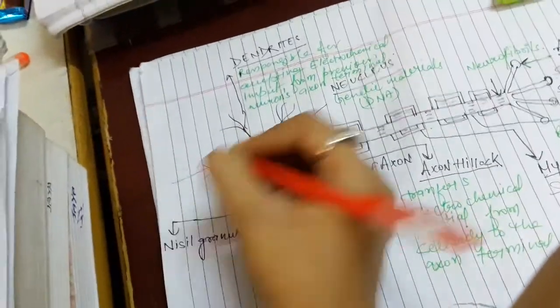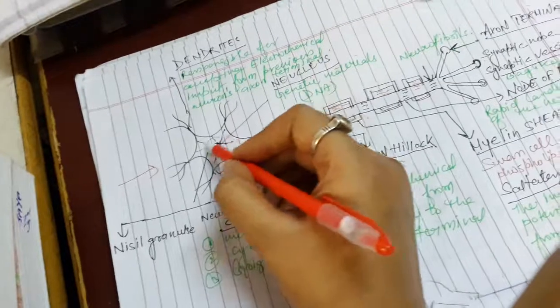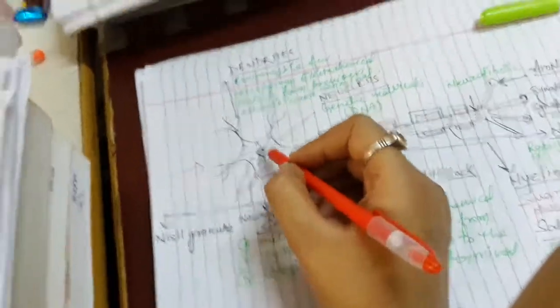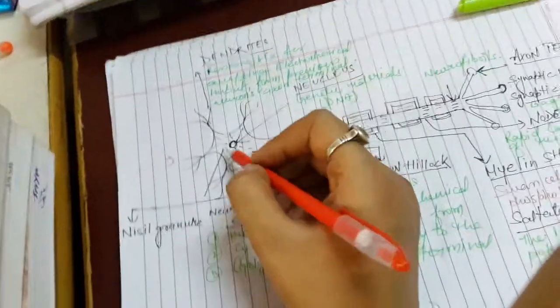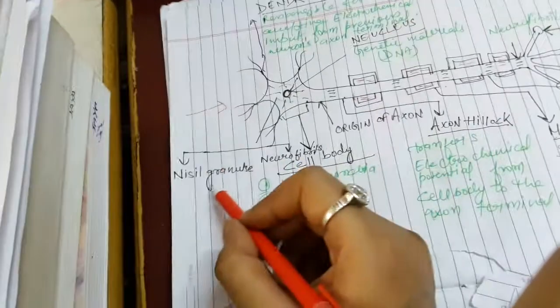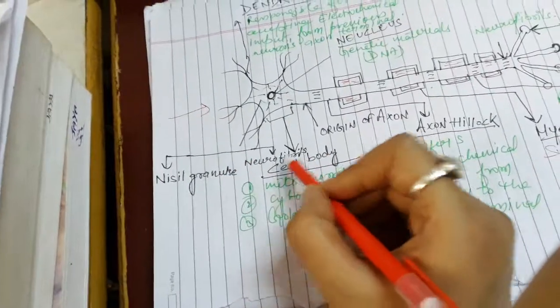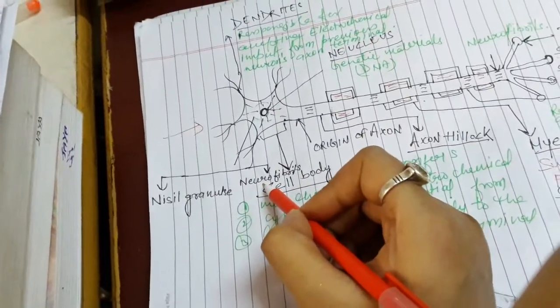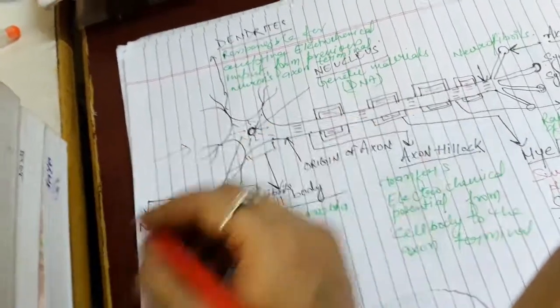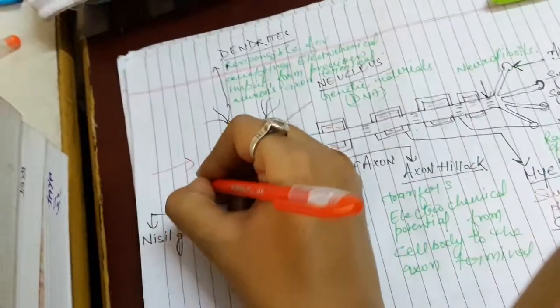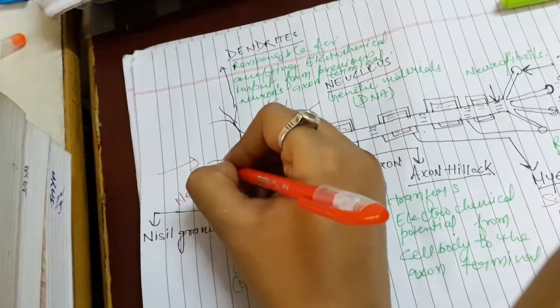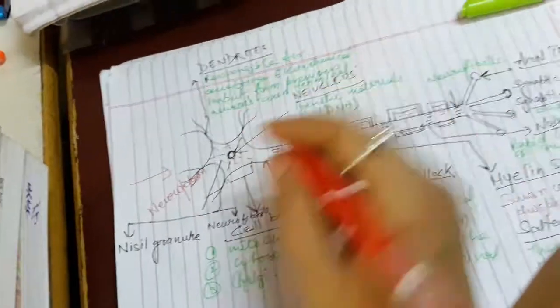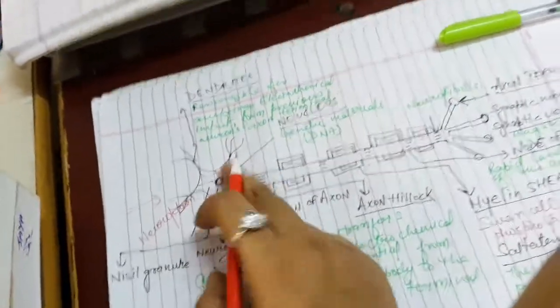It receives the impulses, and here the space contains the Nissl granules and neurofibrils, also neuroplasm.